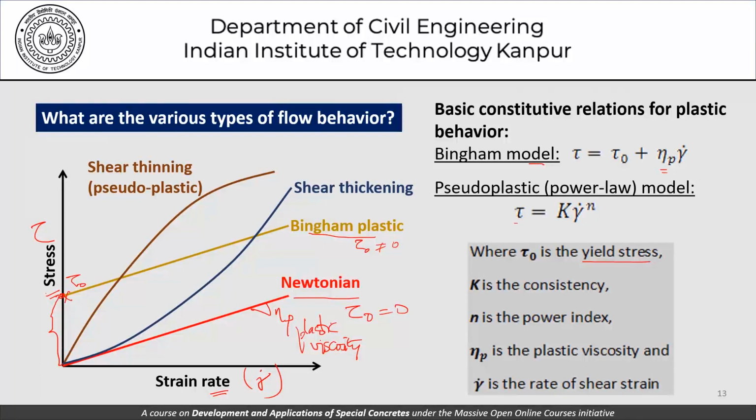So what we have to do as concrete engineers or civil engineers, trying to understand the behavior of concrete as a fluid, we have to try to figure out what is the behavior of stress versus strain rate when we are talking of cement paste, when we are talking of mortar, and when we are talking of concrete. And on what factors does this behavior depend?